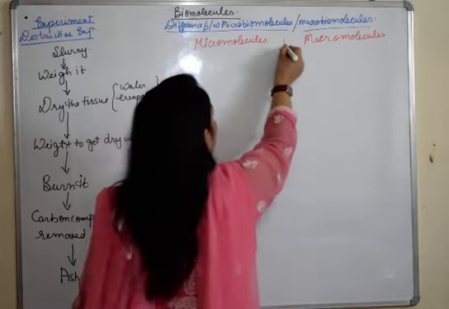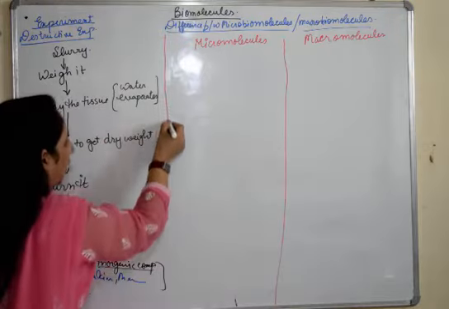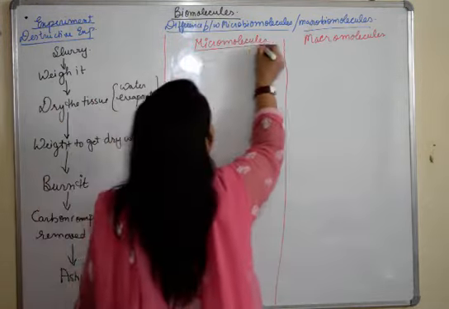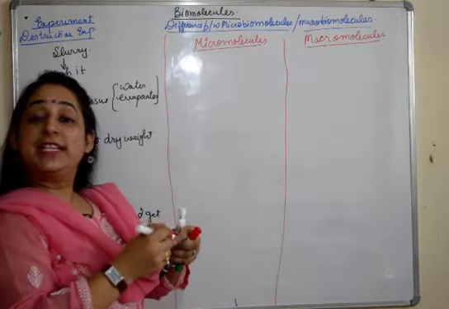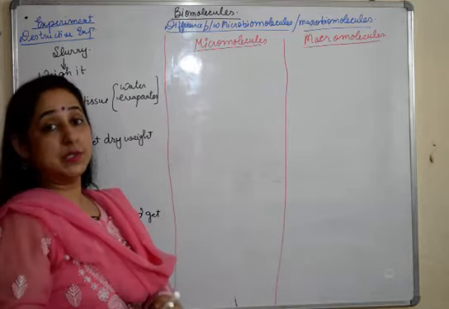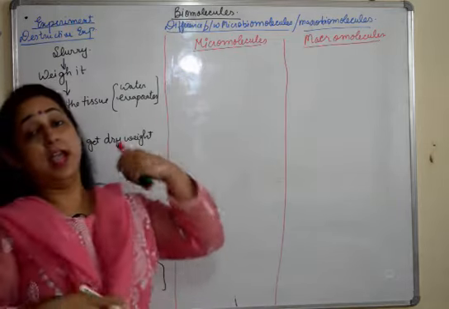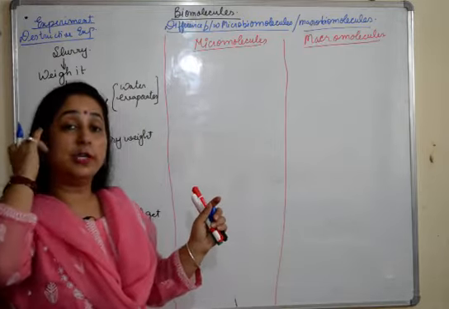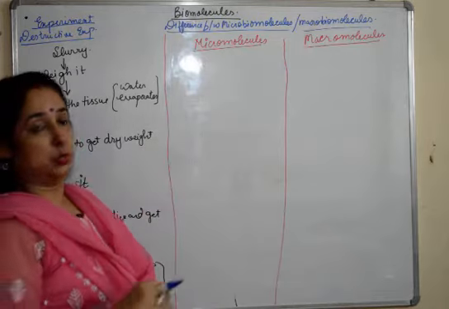When we extracted them, we got these micromolecules in the filtrate part and macromolecules in the retentate part in the cheesecloth. We'll talk about their difference in detail because this is something very, very important. After this we'll first start with the discussion of micromolecules, and then we'll talk about macromolecules.